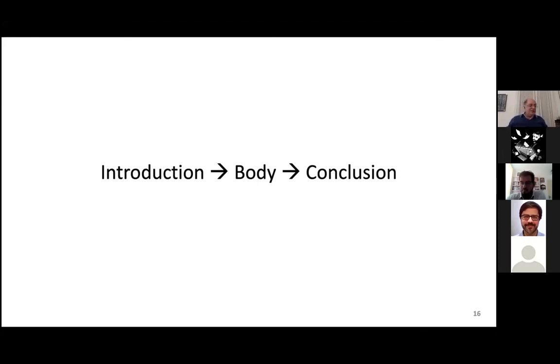Well, the conclusion is the contributions. It's the result of your work. It's the new solutions that you developed. So this is the conclusion. We're going to talk a little bit more about introduction, body, and conclusion later on in some minutes.